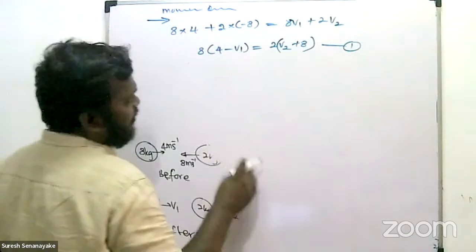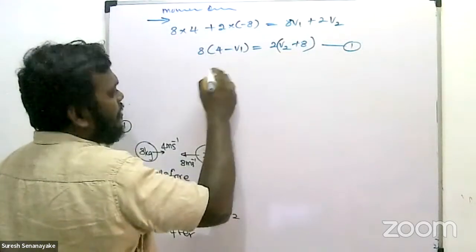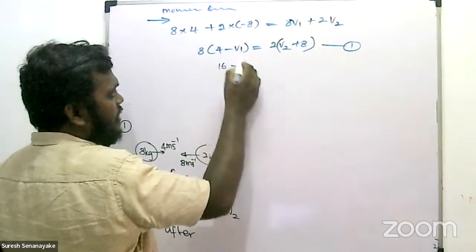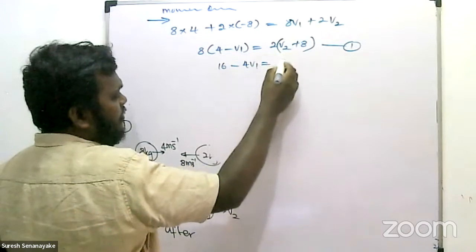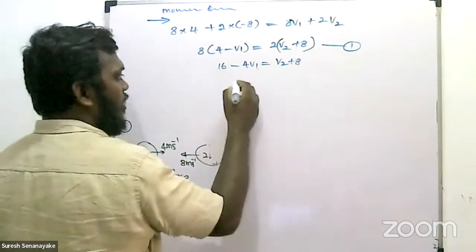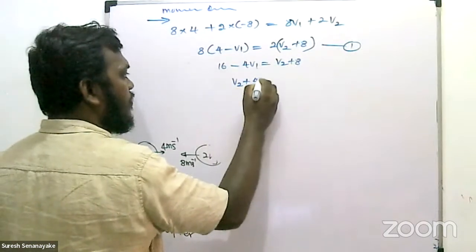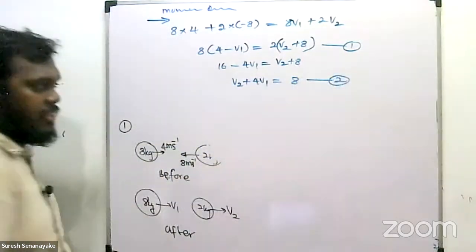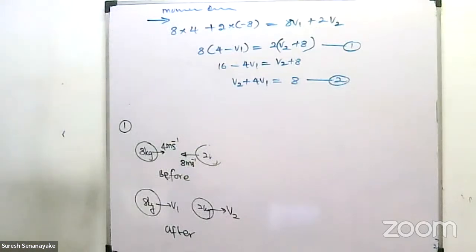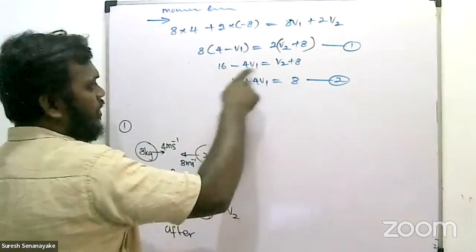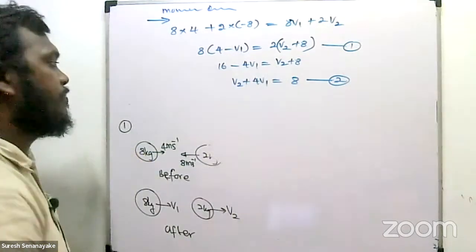And from this I take the relation between v1 and v2. When I divide this, the 2 cancels, 4 into 4 is 16 minus 4v1, and that's multiplied by v2 plus 8, that's v2 plus 4v1. It's 8, but it's not v2 minus v1, it's v2 plus 4v1, right?